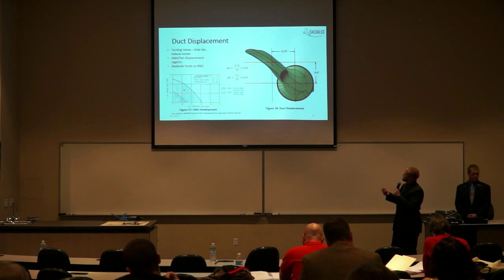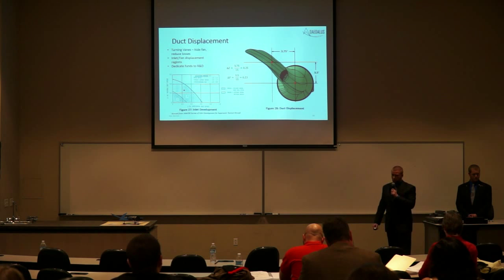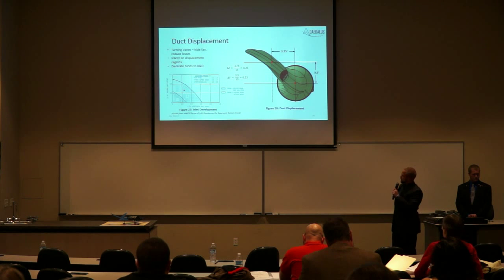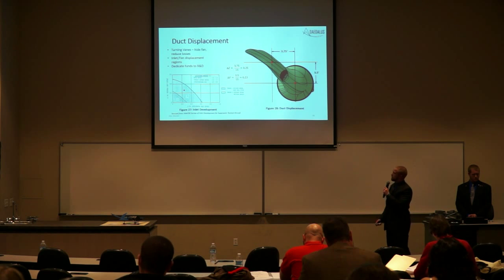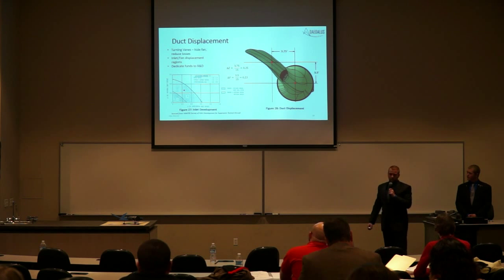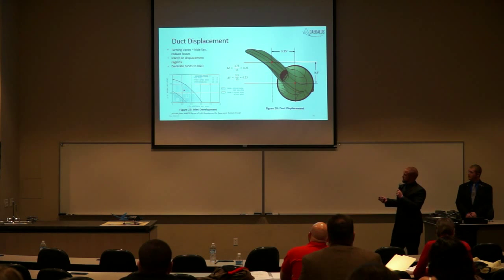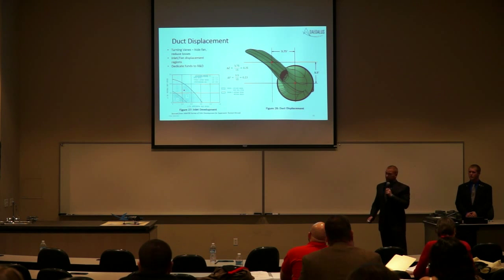Using a Z value of 3.5 feet in displacement and a Y value of 3.75 feet of displacement, separating the inlet and the fan face by an X value of 15 feet, we're able to come up with the ratios shown that correlate with this red marker on the plot. Note that the YB-3 is not a supersonic aircraft, however, so this plot just gives us an idea of where we'd like to be heading.